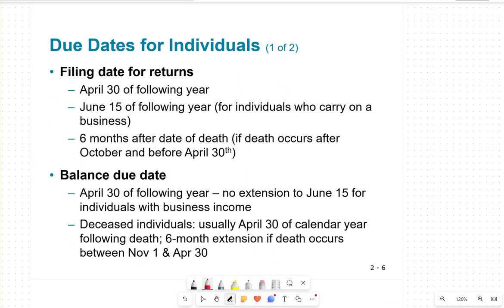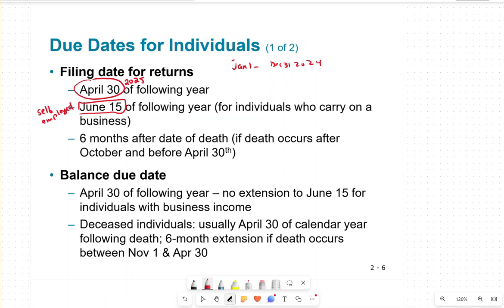The due dates are important if you're filing your return. For January 1st to December 31st, 2024, you are going to be filing your return by April 30th, 2025. If you are self-employed, you're allowed to file your return by June 15.